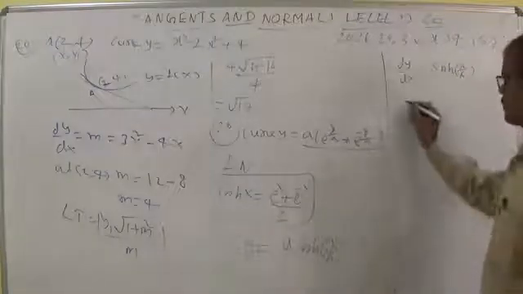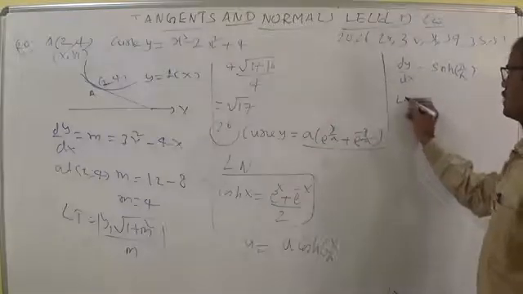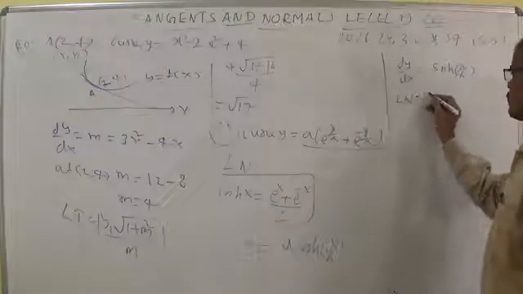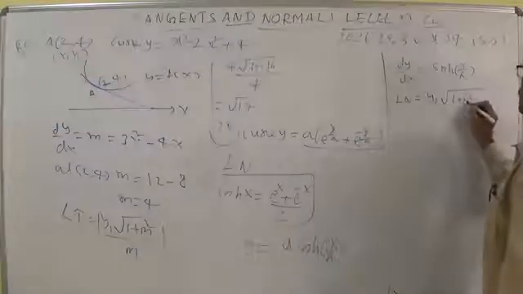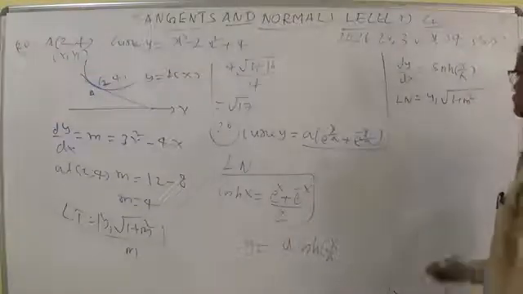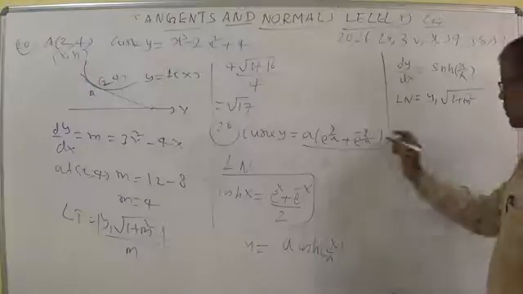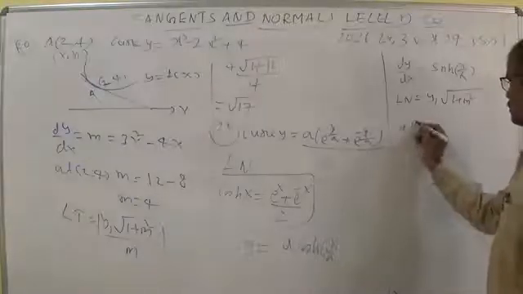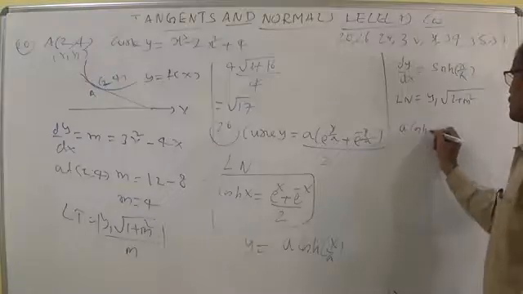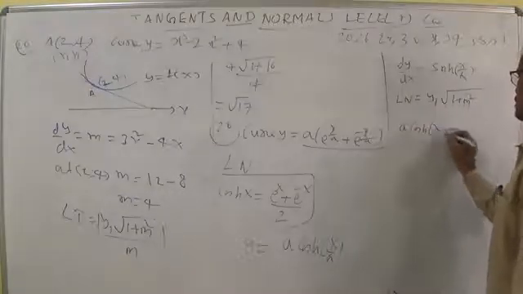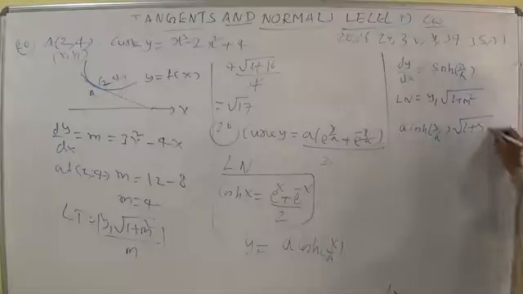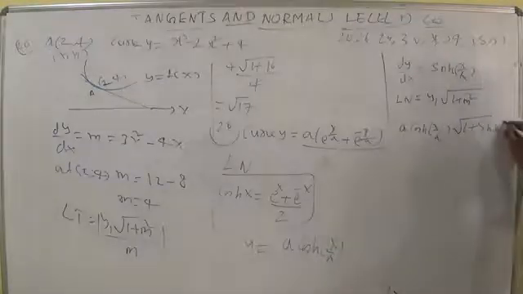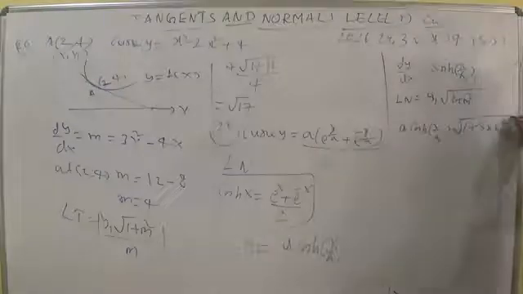Now what is the value of LN? Length of normal formula is y1 into root of 1 plus m square, where y1 is the given y. So it is a cos h of x by a into root of 1 plus sin h square of x by a.